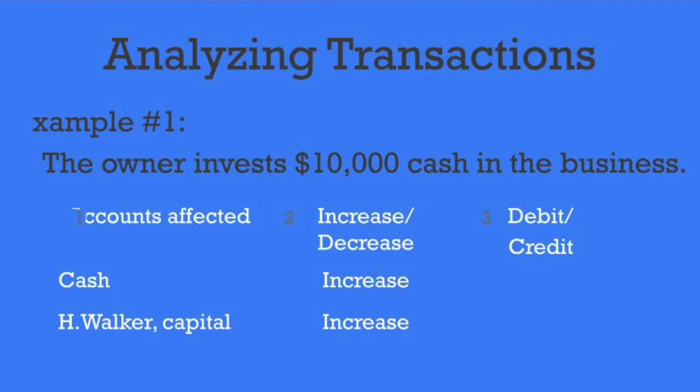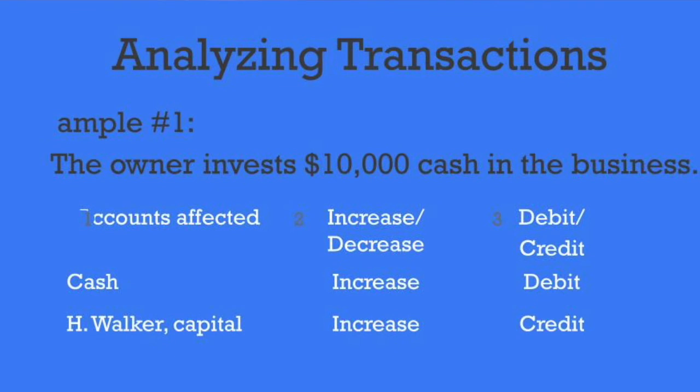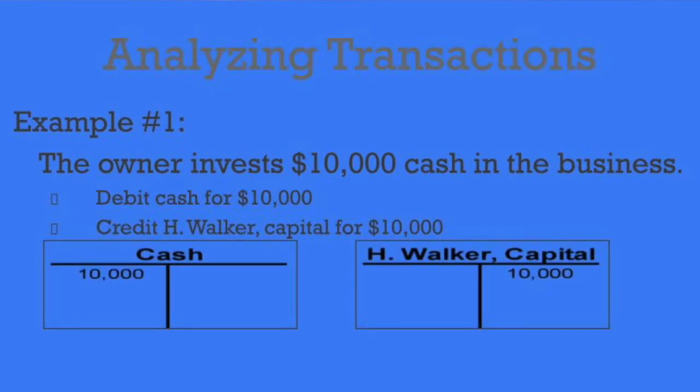So we see here that these two would be the key ones affected. What happens to cash? It increases. And what happens to capital? It increases. So an increase in cash would be a debit, and an increase in capital would be a credit. If we move to our transaction, the owner invests $10,000 cash in the business.